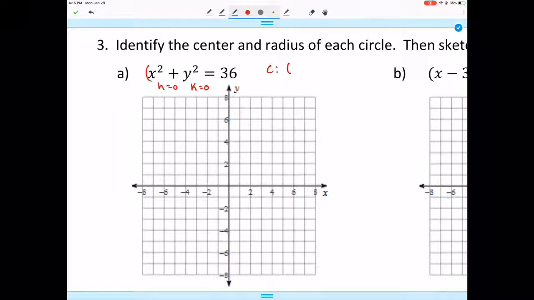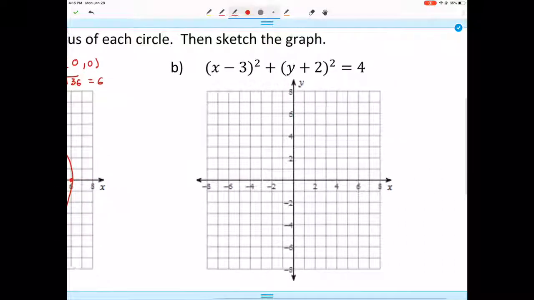So we'll say our center is 0, 0, and our radius is the square root of 36 equals 6. I'll put a point for our center, and then we'll make points that are 6 units away in all directions. You're welcome to use a compass if you have one. If not, just freehand and do your best to make it look like a circle. Something like that would be full points.